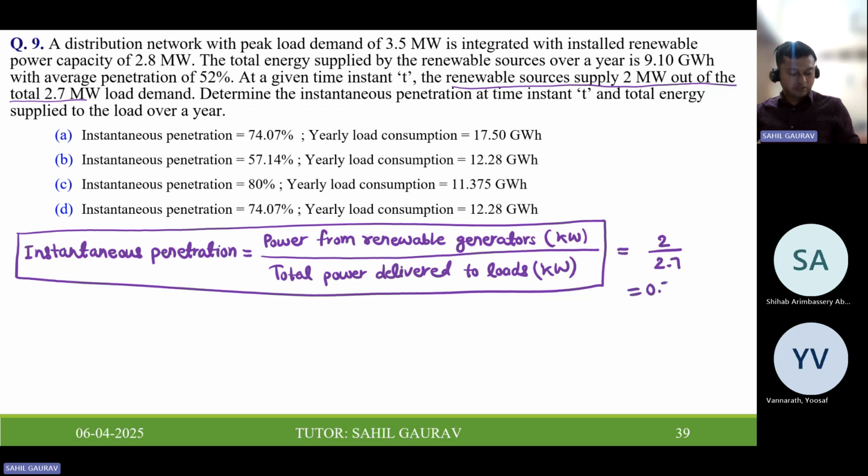So it will be 0.7407 or 74.07%. Now yearly load consumption you can find from the average penetration. The average penetration yearly they have also provided.